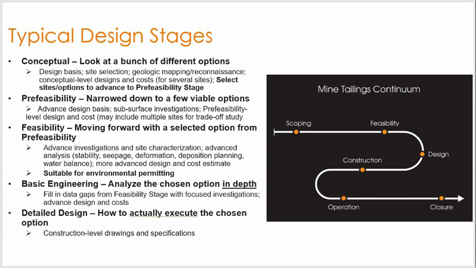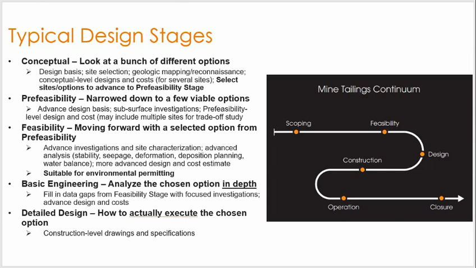You would carry those forward into the pre-feasibility phase, where you would advance your knowledge base, the design and cost estimates, and bring in more advanced assumptions and estimates. And you might perform what's called a trade-off study in this phase, and compare those few finalist sites from the conceptual phase.